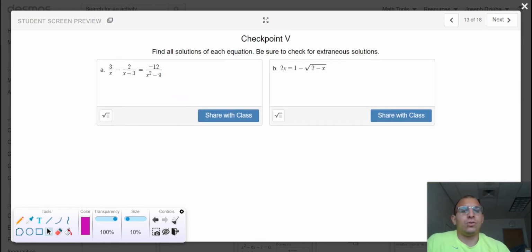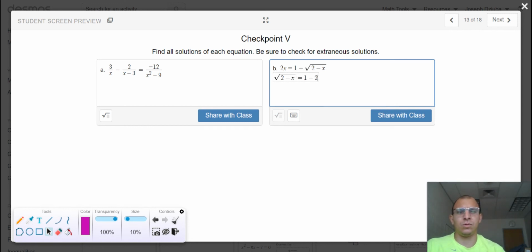Which brings us to something like part B. In part B, I would want to make sure that my radical is isolated. So what I can do is bring the radical over in order to make it positive and bring the 2x to the right side, so that the radical is completely by itself. So we would have the square root of 2 minus x equals 1 minus 2x.